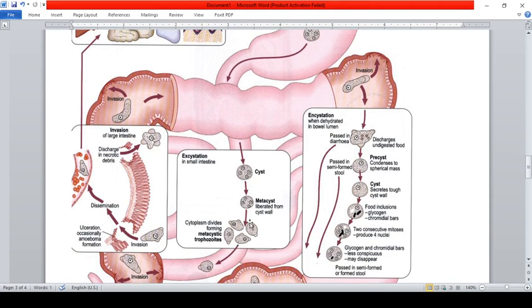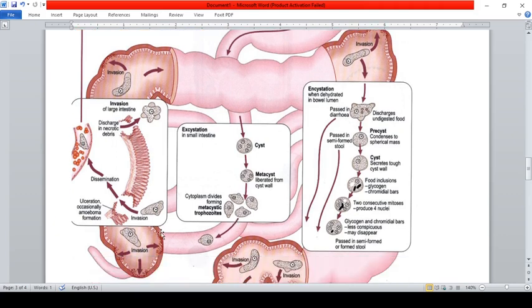So the trophozoites are motile. Since they are motile, they can move through, what organelle do they use to move? Their pseudopods. And if this is the invasive form, it can invade.